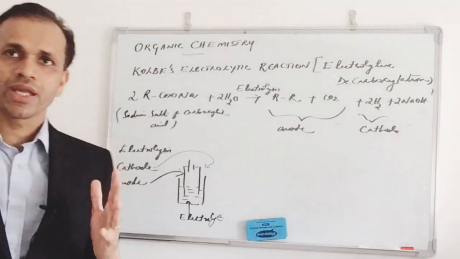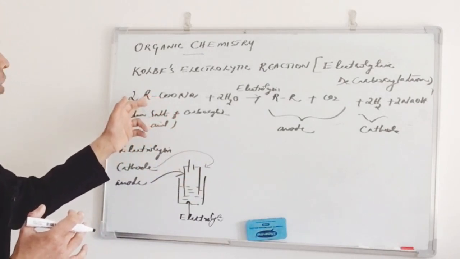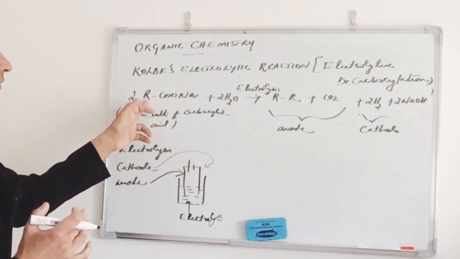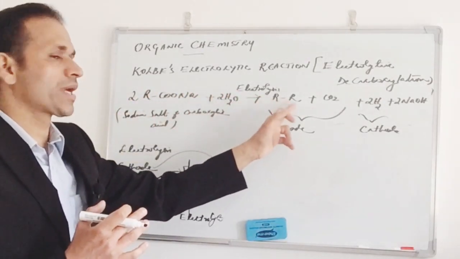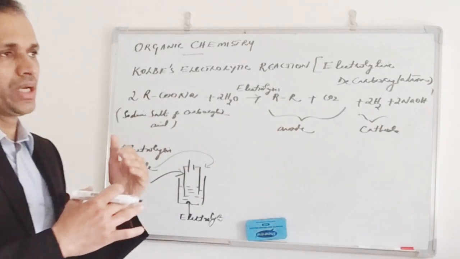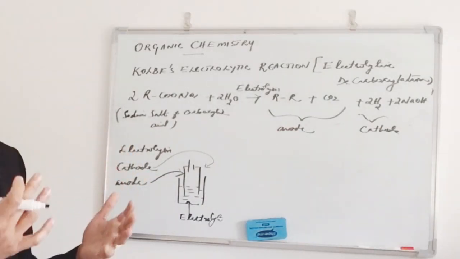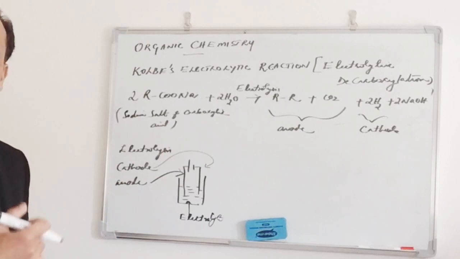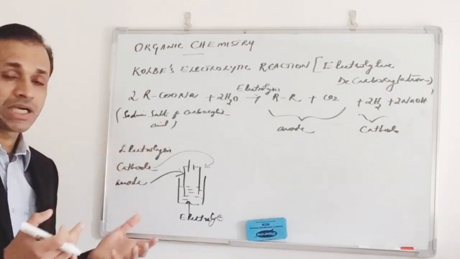If you start from a compound containing one carbon atom, we will get a product containing two carbon atoms. So with this method we can prepare products containing a higher number of carbon atoms than the reactant. I would like to remind you what is meant by electrolysis.